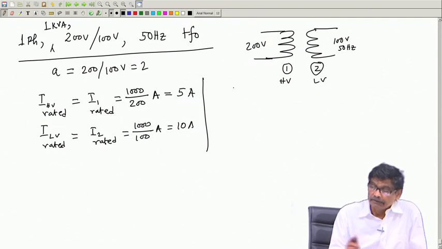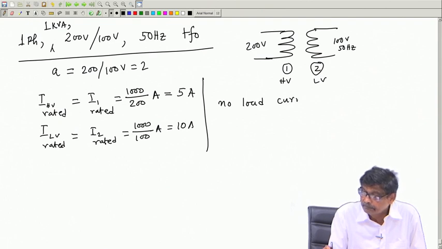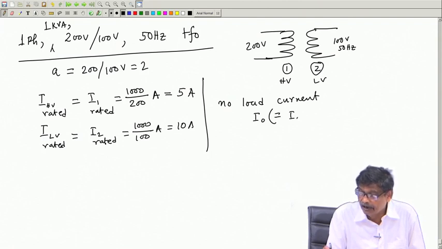Acha, after calculating this, I now make one very interesting point, that the no load current of a transformer, that is I naught. You recall I naught was equal to ICL plus I magnetizing.